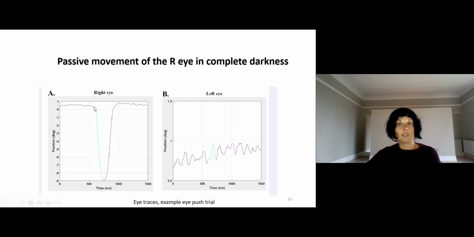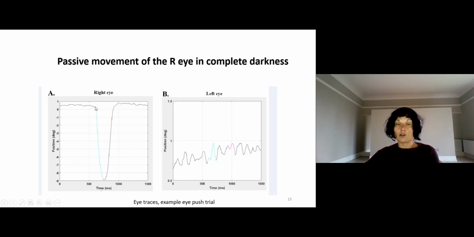The push to the eye is triggered by a sound presented at time 0, and you can see some milliseconds after the sound, the participant pushes the eye and there is about 9 degrees of movement to the left towards the nose, and then the elasticity of the tissue allows the eye to return to its initial position, and we see a second resting baseline.